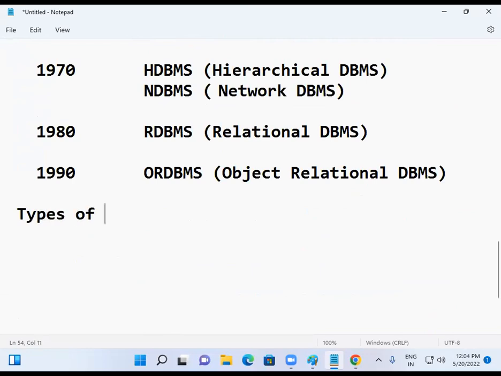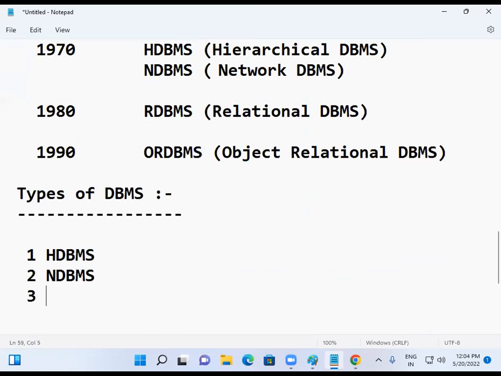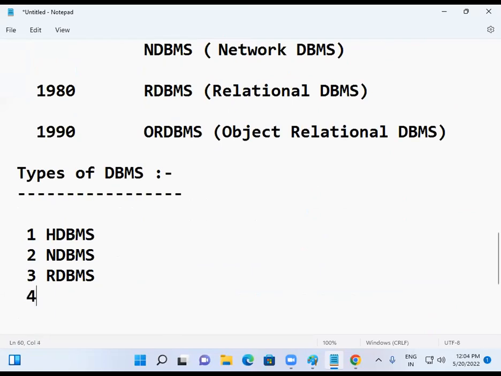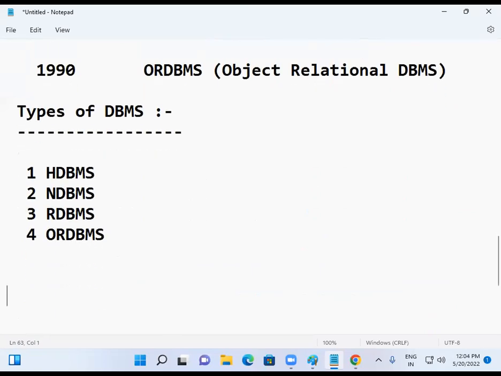If I ask the types of DBMS, the different types are: HDBMS, NDBMS, RDBMS, and ORDBMS. So these are the different types of database management systems.